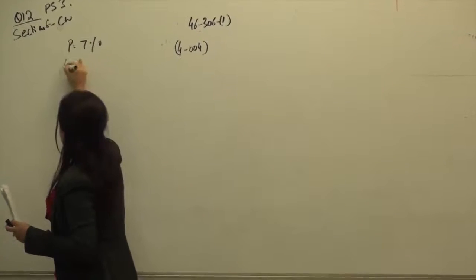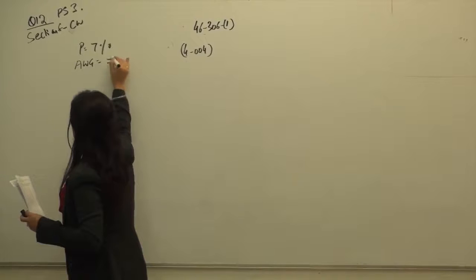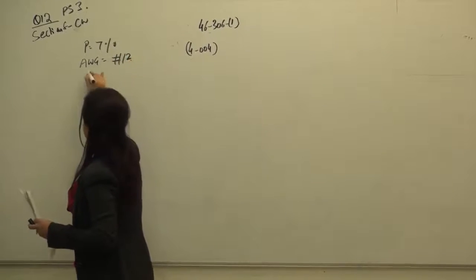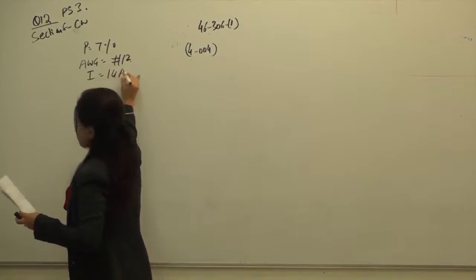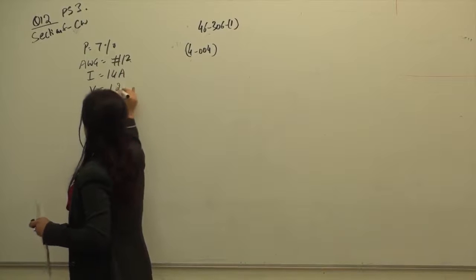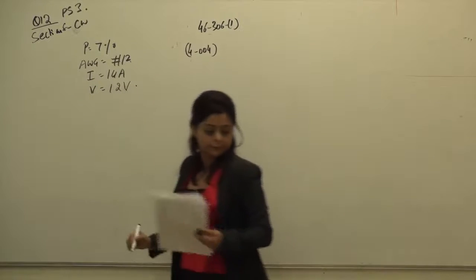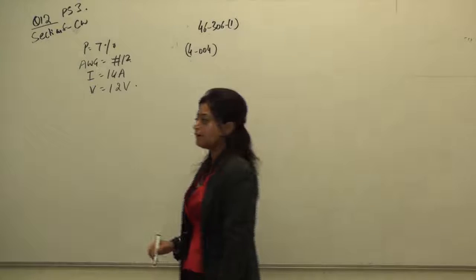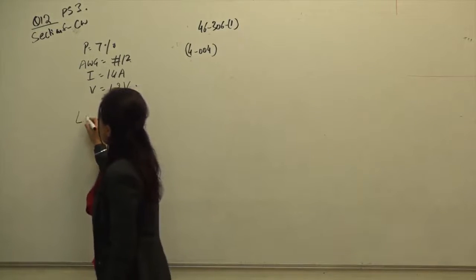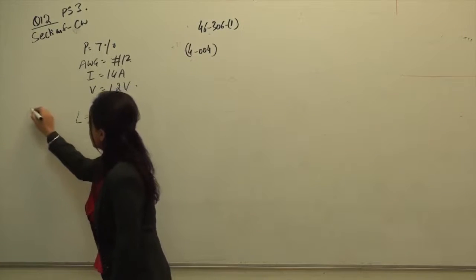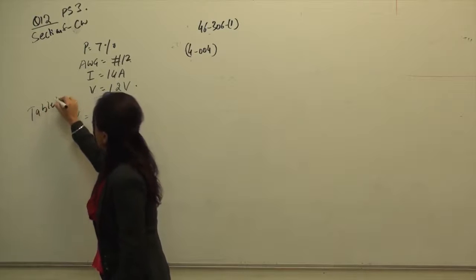Gauge wire size given is number 12. Current I'm working with is 14 amps. Voltage is 12 volts.